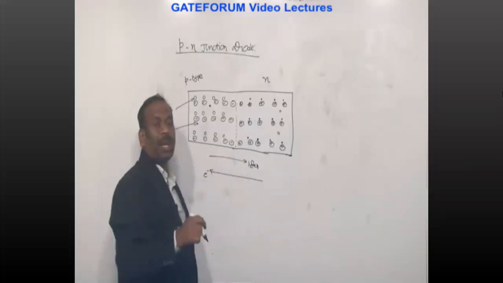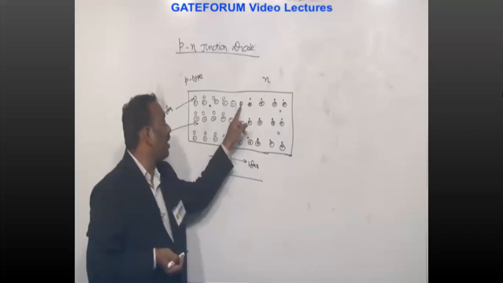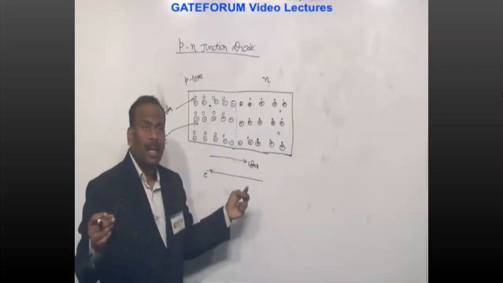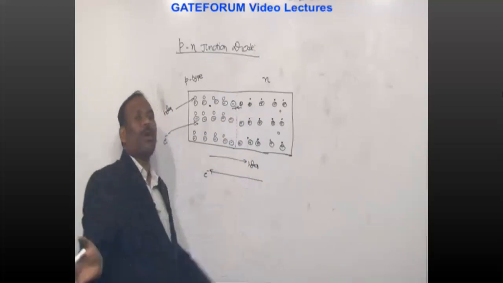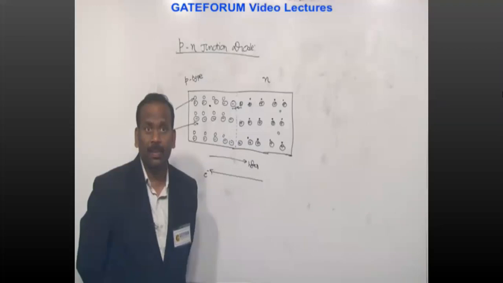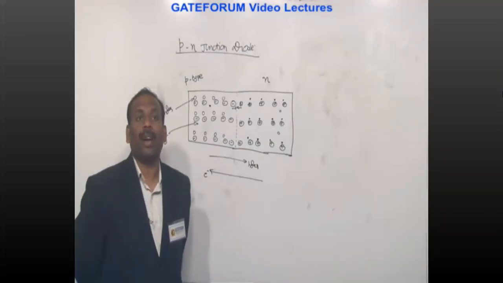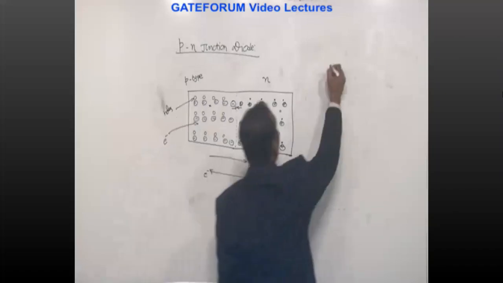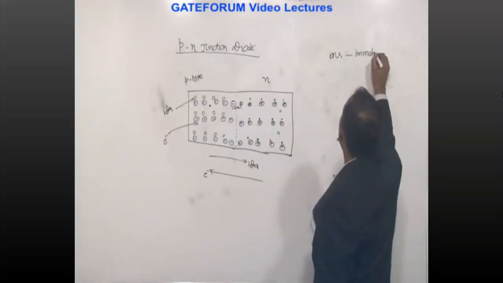Now my first question comes here, an important one. This ion has a negative charge, this hole has a positive charge, this moves in this direction, this moves in this direction, both will recombine and disappear. Is it going to happen like that? No. Why? Ions are immobile.